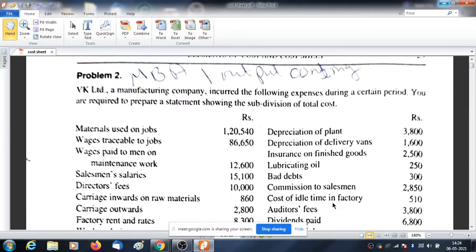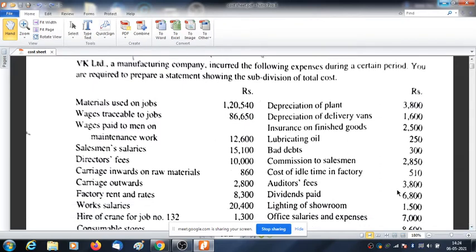Then comes auditor fees, under which head would it come? Auditor, what does auditor do? Auditor checks the books of account.